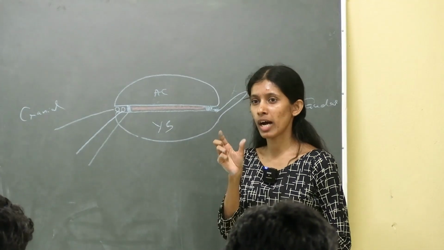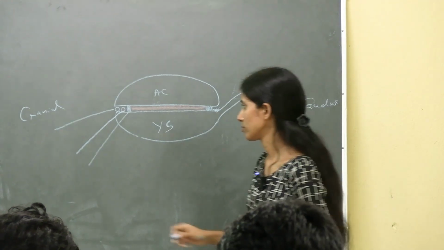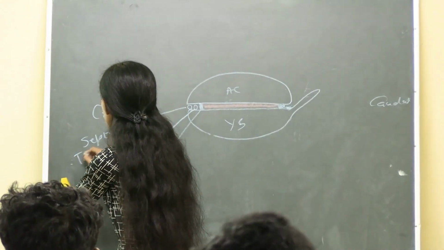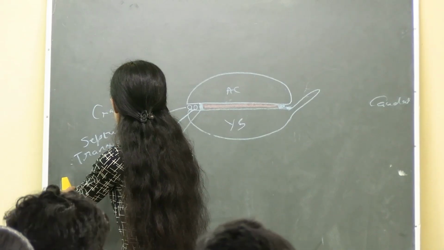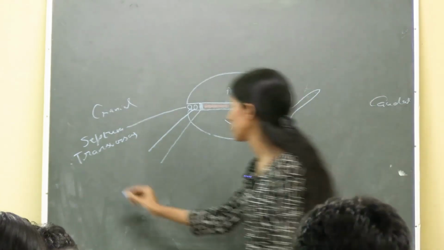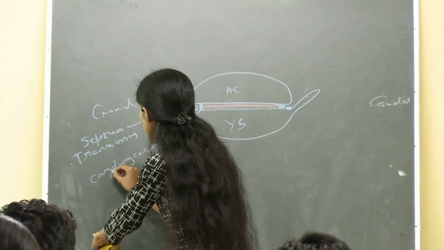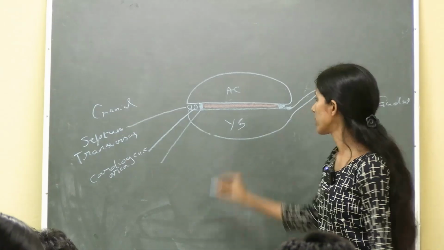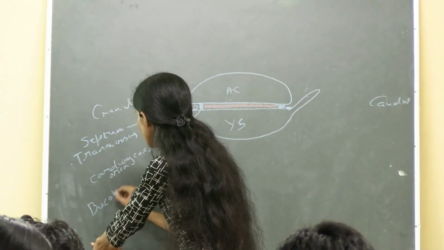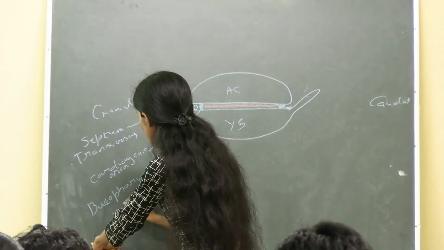From which part or structure is your diaphragm developed? Septum transversum. Okay, this part is the septum transversum. Then we have the cardiogenic area. Okay. And the last part is the buccopharyngeal membrane.